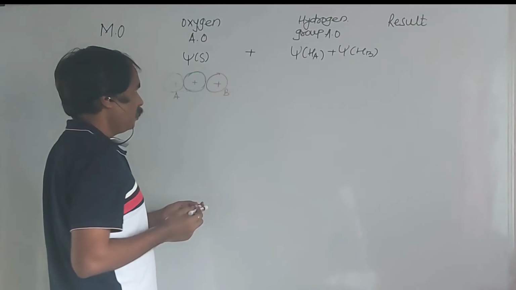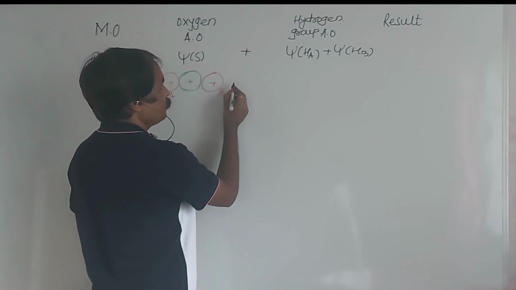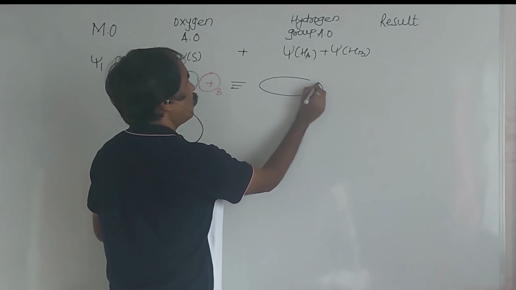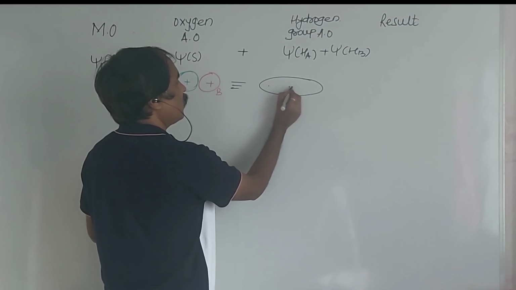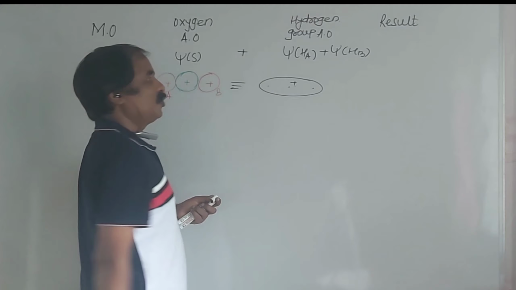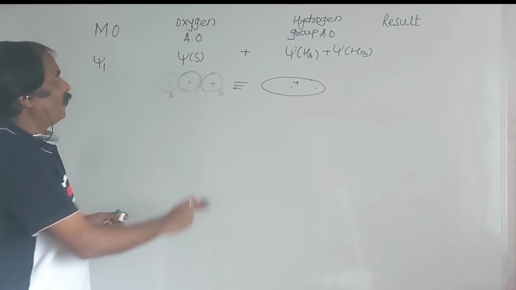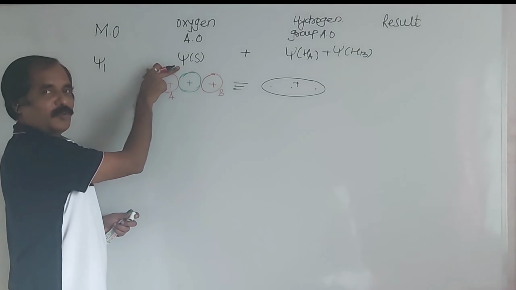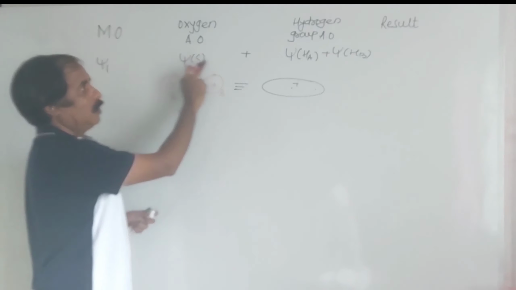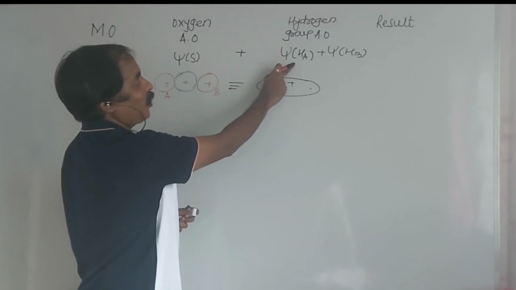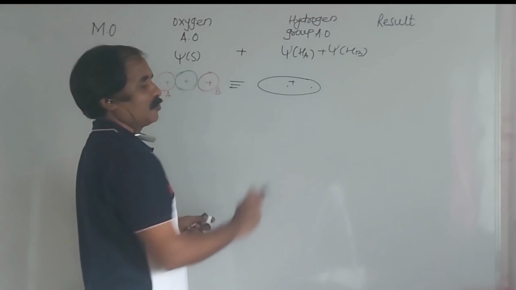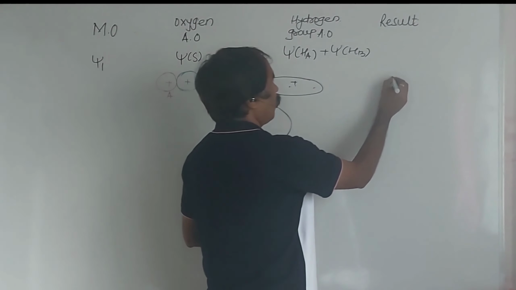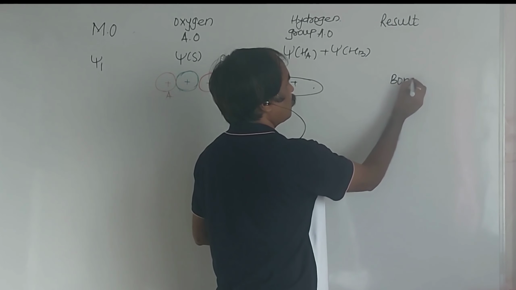So the S atomic orbital of oxygen and the group atomic orbitals of these two hydrogen atoms, when added together, form a bonding molecular orbital. So the result is bonding.